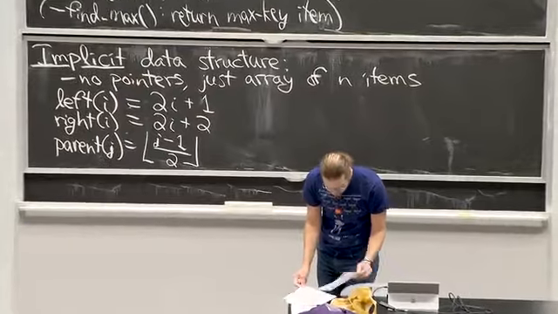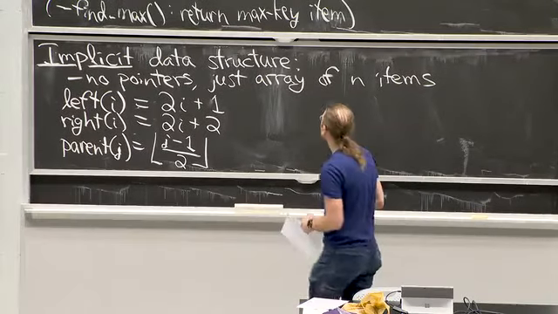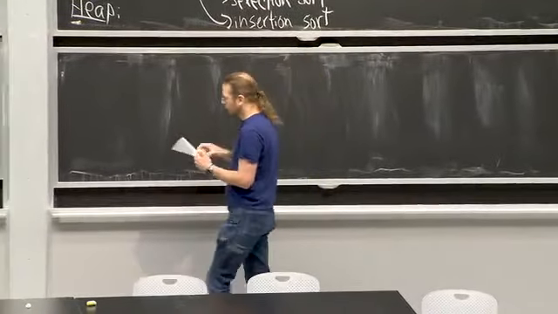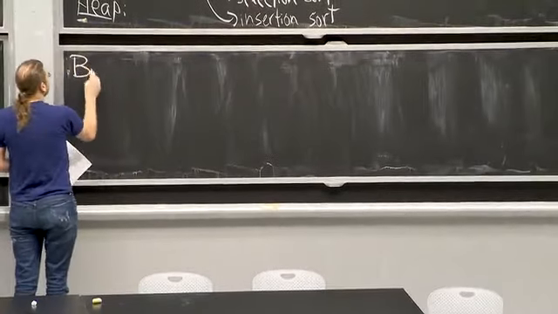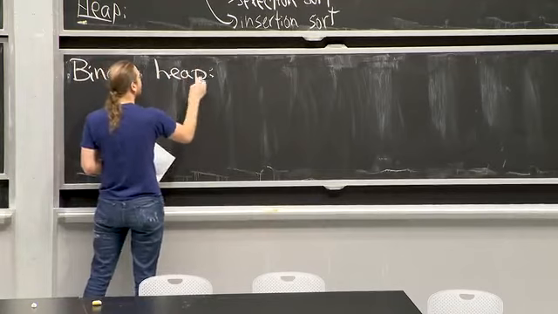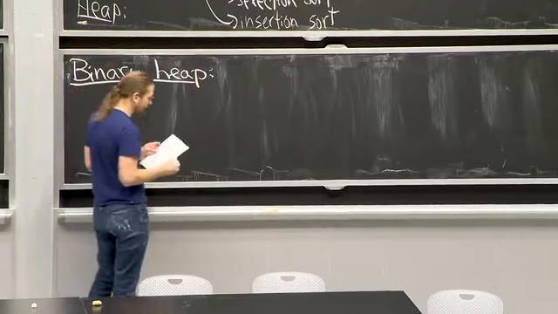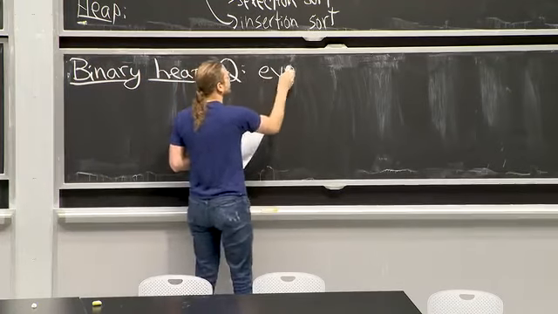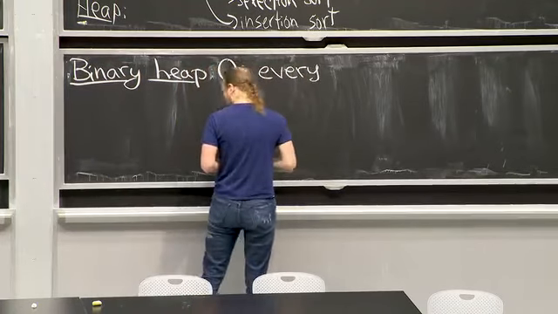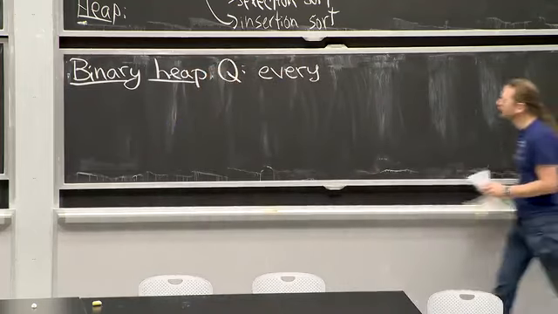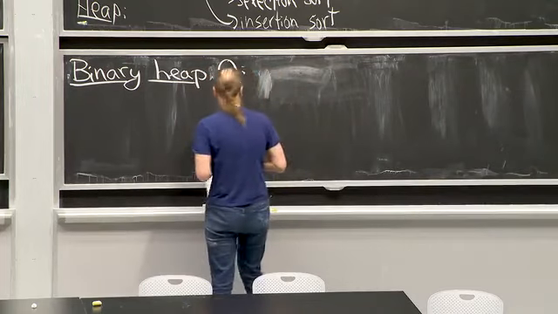Cool. So this is basically a heap. I just need to add one more property, naturally called the heap property. So there are multiple types of heaps. This type of heap is called a binary heap. We will talk about others in future lectures. I'm going to call it Q. Maybe I should write the explicit thing.